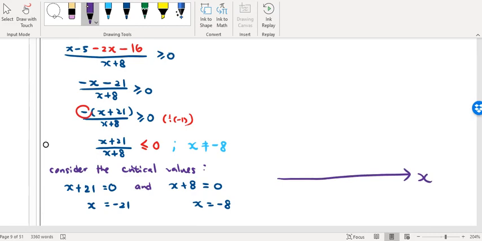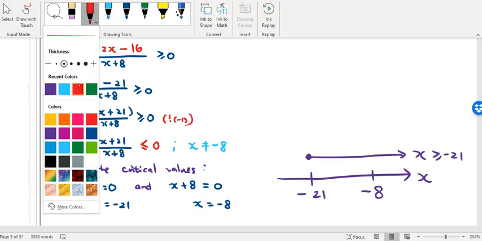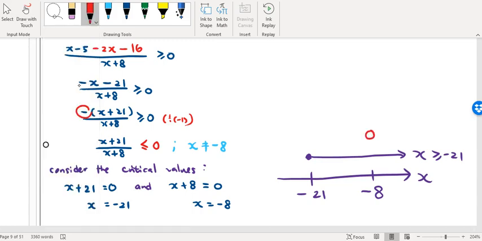Step 2, get your numbers in as usual. -21 is included, just consider the positive side, x more than -21. After that, do remember -8 cannot be included, so there will be an empty dot here.